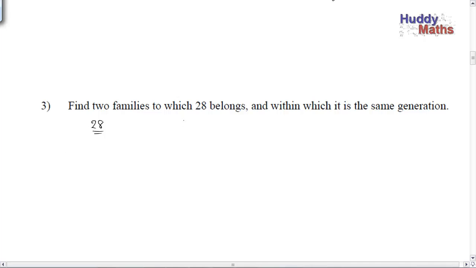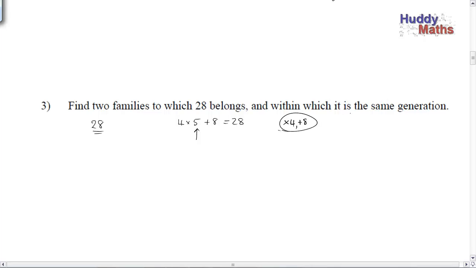So let's think about timesing something by 4. 4 times 5 is 20. Add 8 would give 28. Let's call this the generation number. So I'm timesing by 4 and adding 8 is my family.